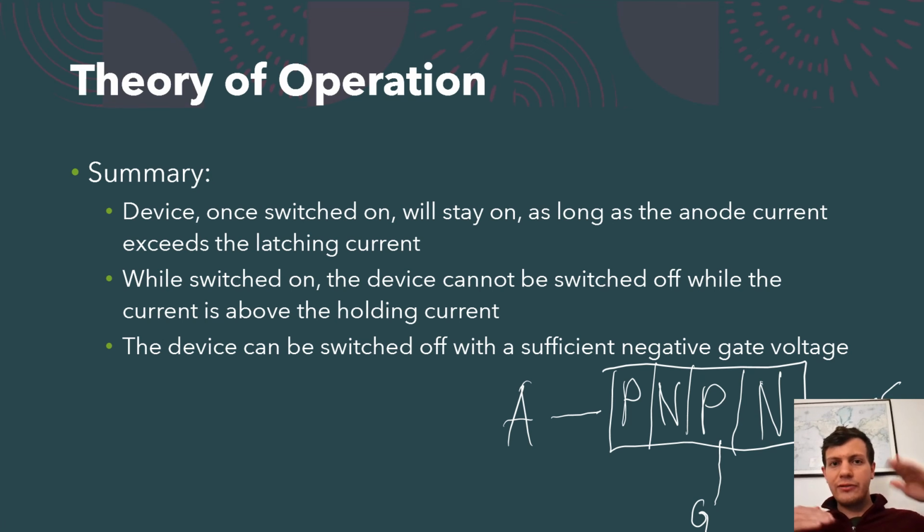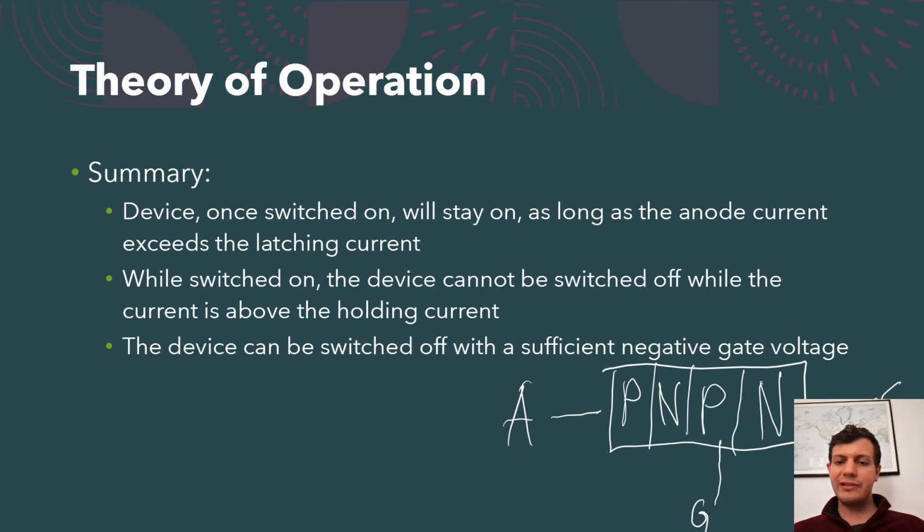There are certain thresholds that have to be met. When the gate is pulled high, the anode current needs to be at a certain level. Otherwise, it's not going to be conducting because there won't be enough current to rebias those floating p and n doped regions in the middle.